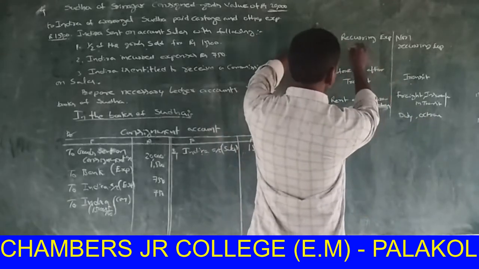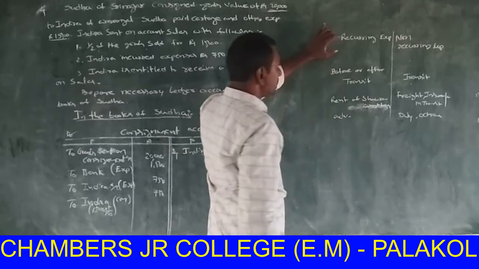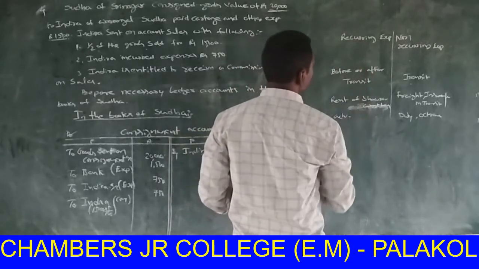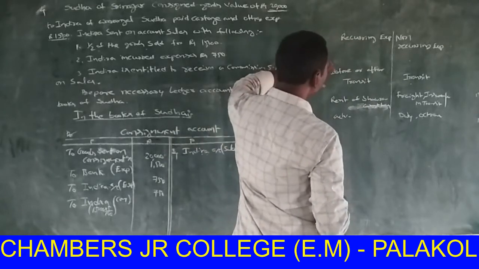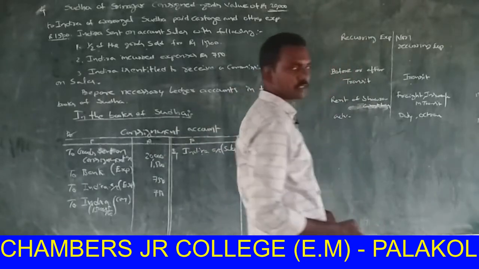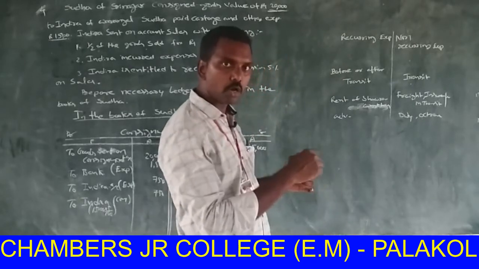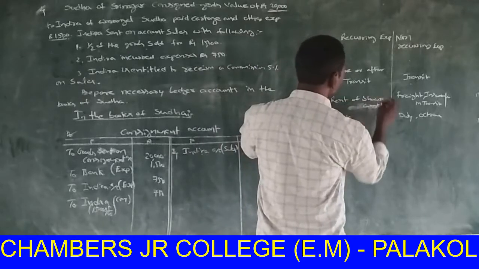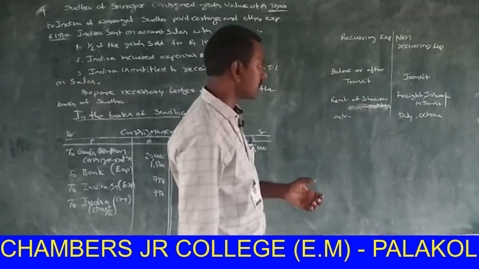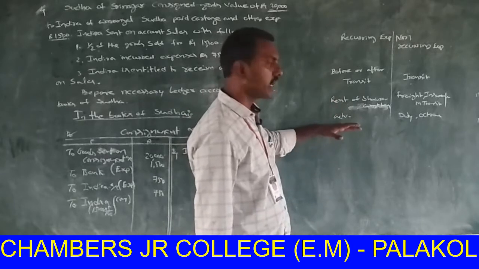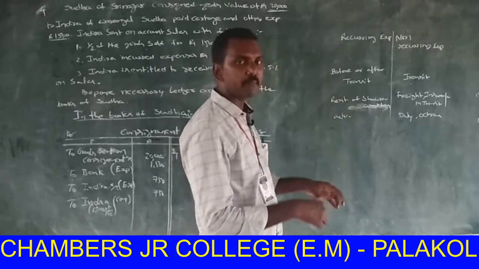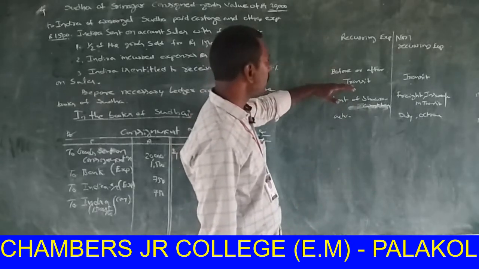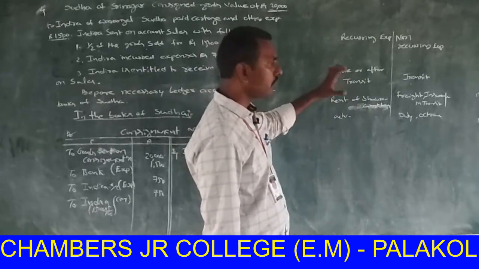Now, the recurring expenses. These expenses are incurred before or after transit, for example rent of showroom or warehouse, and advertisement. These expenses are repeated again and again before or after transit.